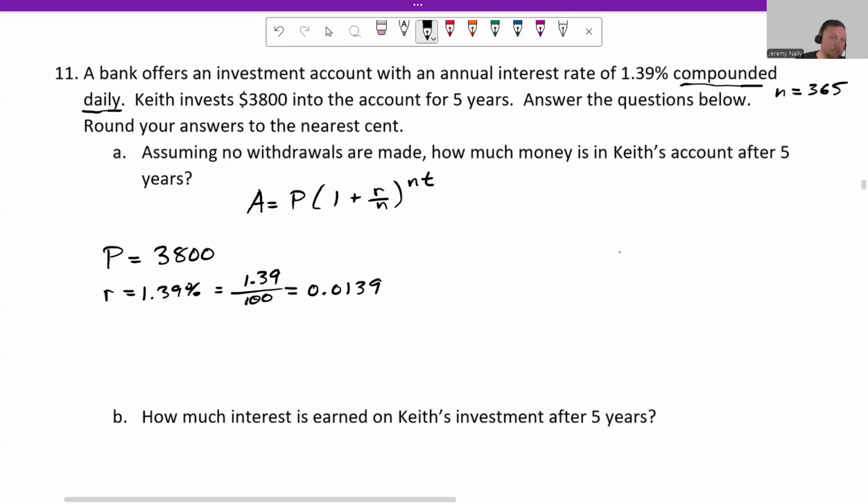There's no shame in dividing that by 100 just to be sure that you're converting that to a decimal correctly. Okay, number of compoundings per year is 365 since it's daily. And then it was for 5 years. So how much money was in his account after 5 years? We're about to find out.